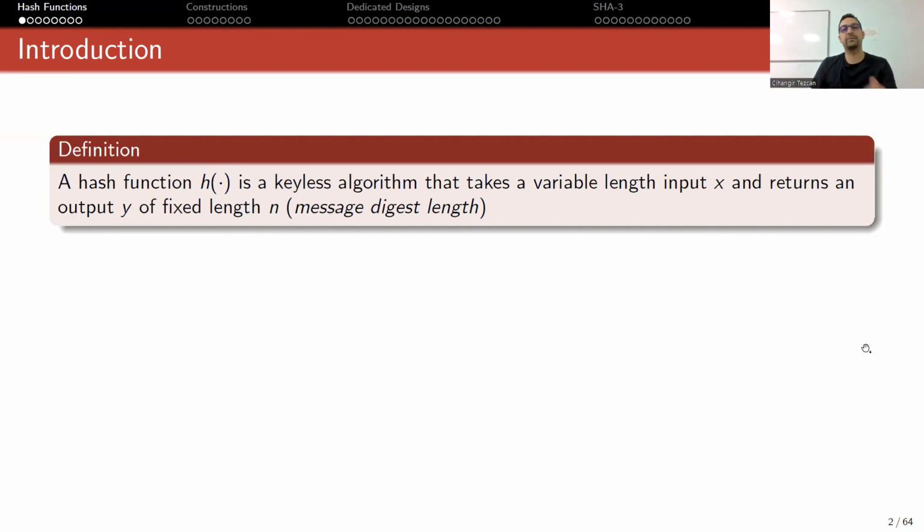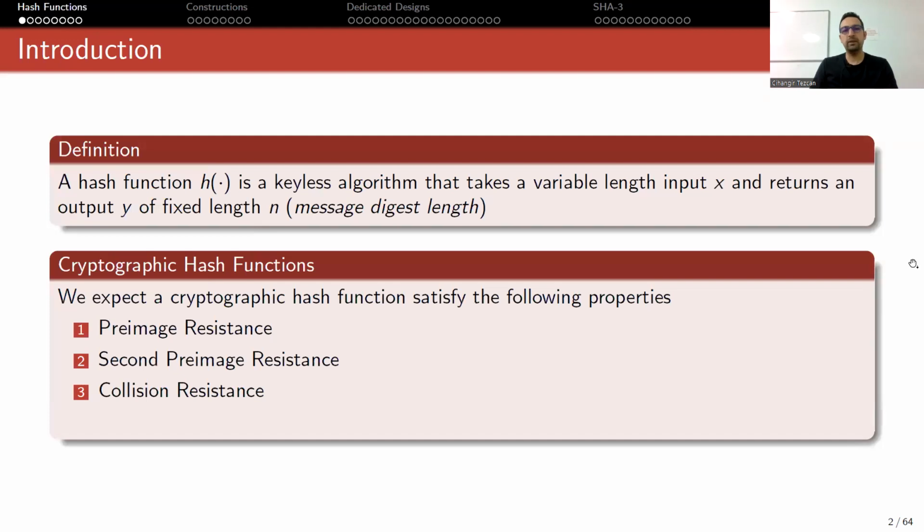As you can see, the input is of variable length, so you have a kind of infinite space, but the output space is fixed to the length n. In the past, n was small, like 128 bits, but today we generally prefer 256 as the smallest n, and you can choose 512 and so on.